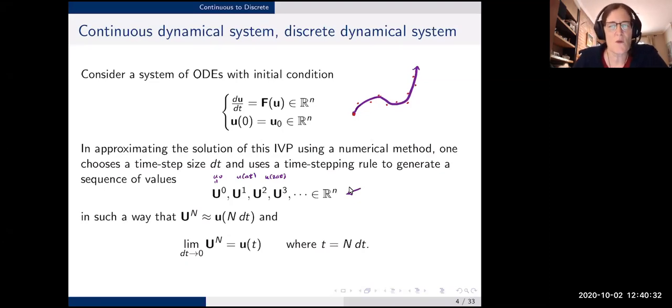So when people numerically approximate a solution to an ODE, what they're doing is they're getting a sequence of points. Those are the reds. And the purple is the true solution. As delta t goes to 0, you get more points and you get closer to the curve.